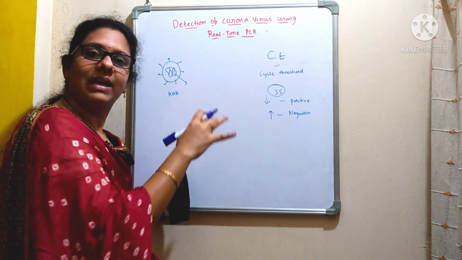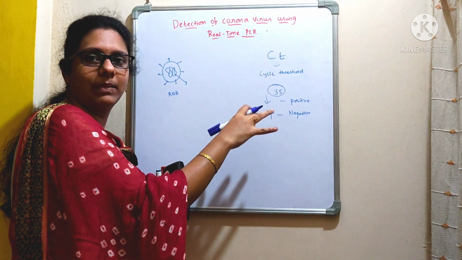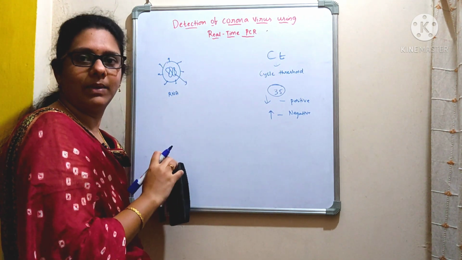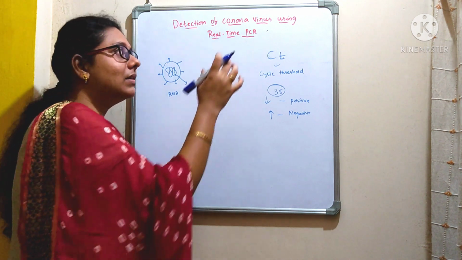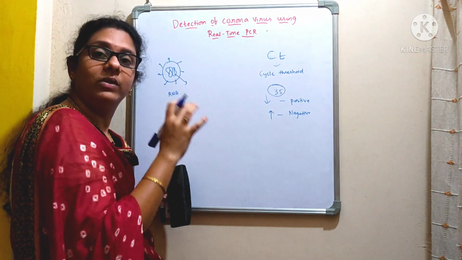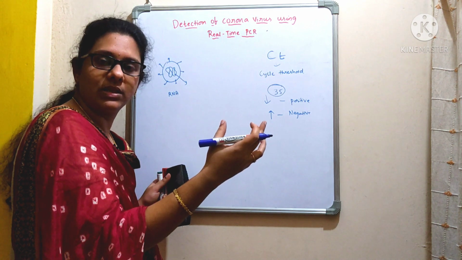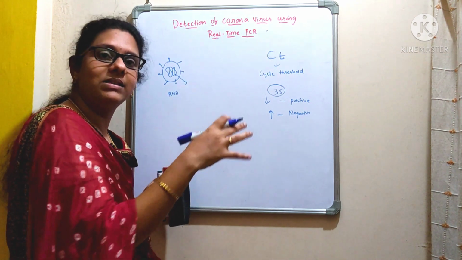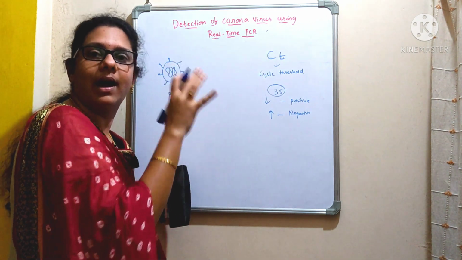Some viruses carry DNA as a genetic material and some viruses carry RNA as a genetic material. But here in the method of PCR, we are going to amplify the gene. We are going to make multiple copies of a gene, and that gene is DNA, but not the RNA.